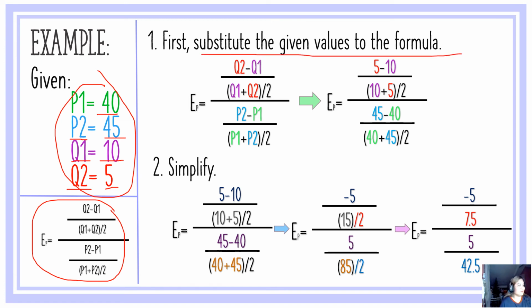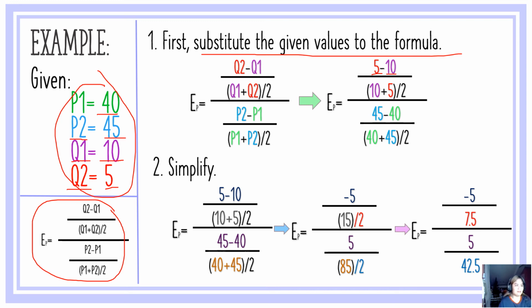We have Q2 minus Q1. Q2 is 5, and Q1 is 10, divided by Q1, which is again 10, plus Q2, which is 5. So it's going to be 5 minus 10 divided by 10 plus 5 divided by 2.